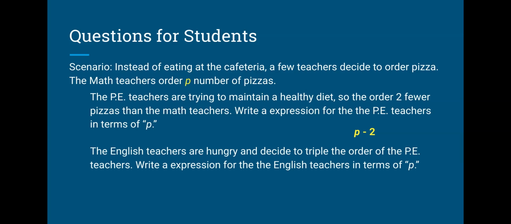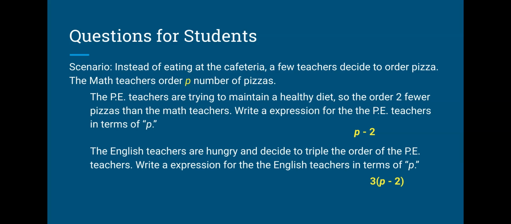Now we're going to expand on it, and the English teachers are hungry and decide to triple the order of the PE teachers. Write an expression for the English teachers in terms of P. So we really just want to triple whatever the PE teachers had. So we're just going to triple it.